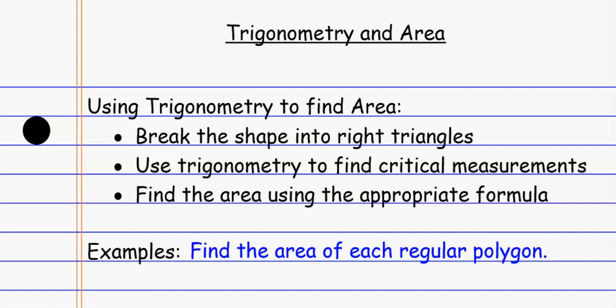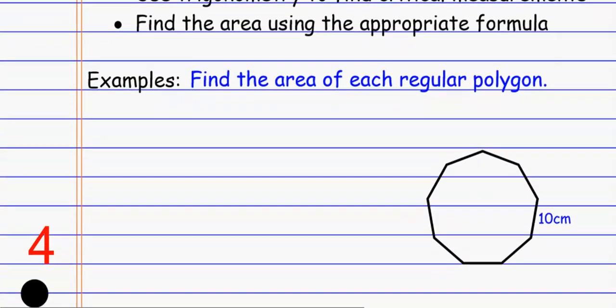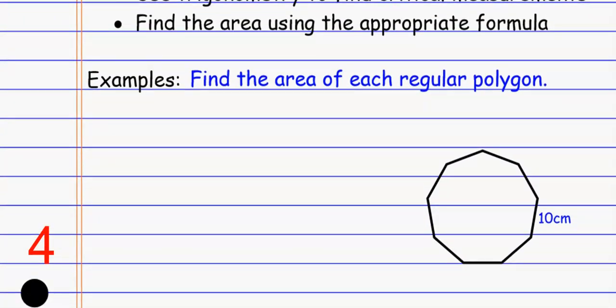And so if I look at an example like this guy, it says find the area of each regular polygon. So I know that I have regular polygons here. And we found some of the missing pieces to these previously. Most of the time they were easy things like finding the perimeter, or when we broke the figure into pieces, I ended up with things like special right triangles, so I could just find the missing measurements without doing any trigonometry.